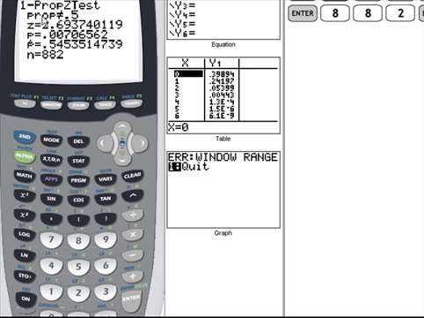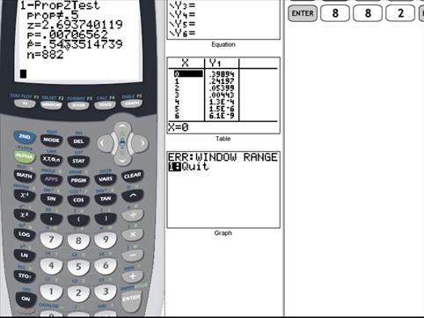So as we look at this, the p-value is less than the significance level of 0.01. Anytime the p-value is less, we reject the null hypothesis. If the p-value were greater than or equal to the significance level, then we would fail to reject.